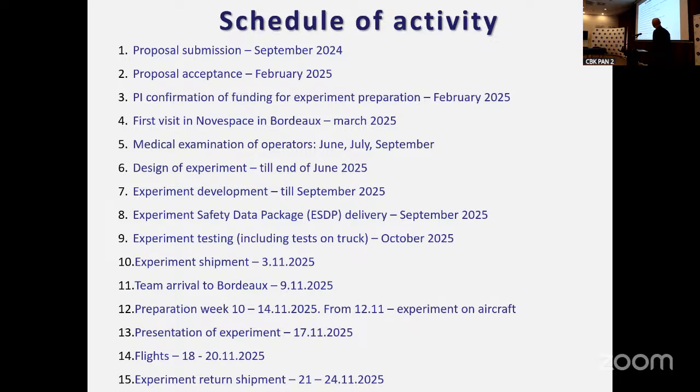The shipment was done at the beginning of November. We traveled to Bordeaux for 2 weeks. 1 week is for preparation. Then there is an experiment presentation, and there are 3 days of flights and 1 day for return shipment.